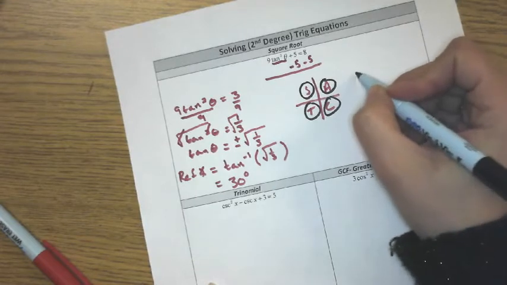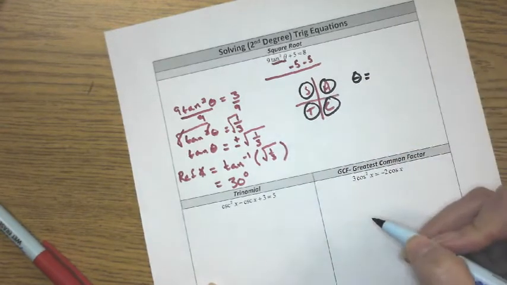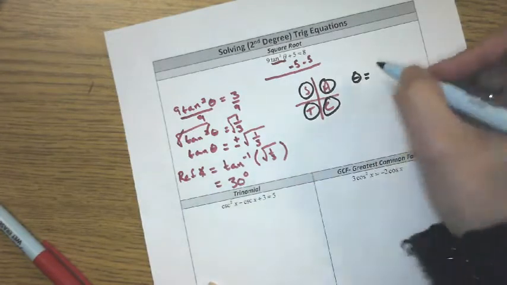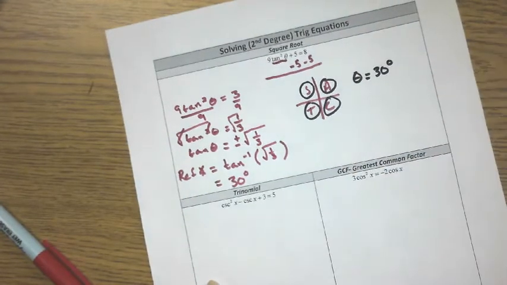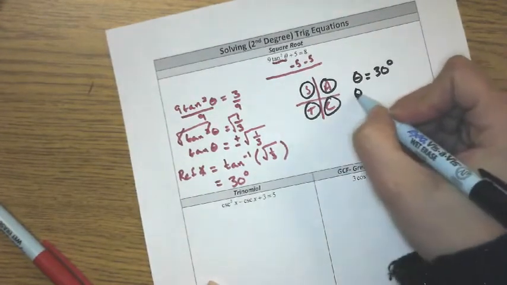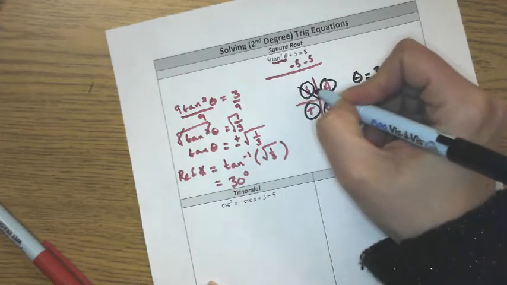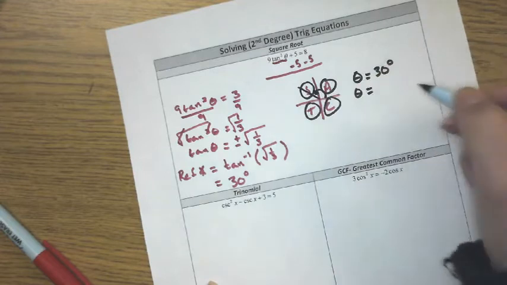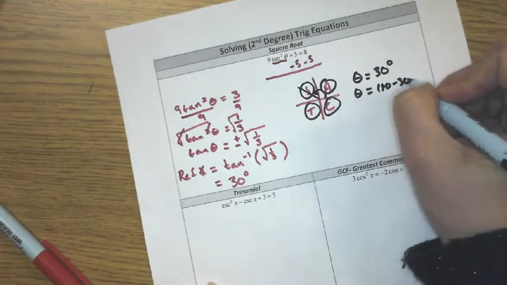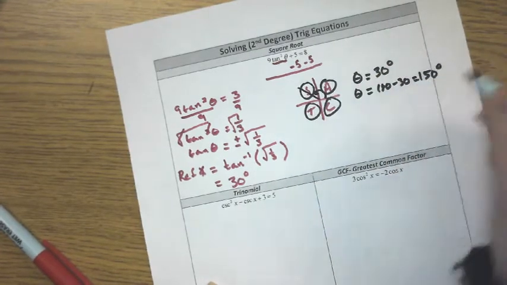Your first answer for theta is going to be your answer in the first quadrant. Your first quadrant answer is always equal to your reference angle. For your second quadrant answer, you want to go all the way around, but you're 30 degrees short, so it's 180 minus 30, or 150 degrees.